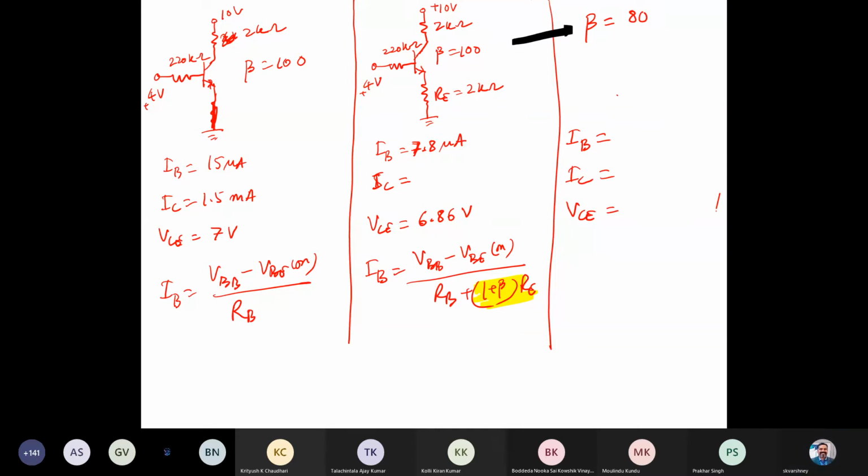Yes. 8.64 microampere. Okay. Other current parameters you can obtain, but let's say calculate the VCE.